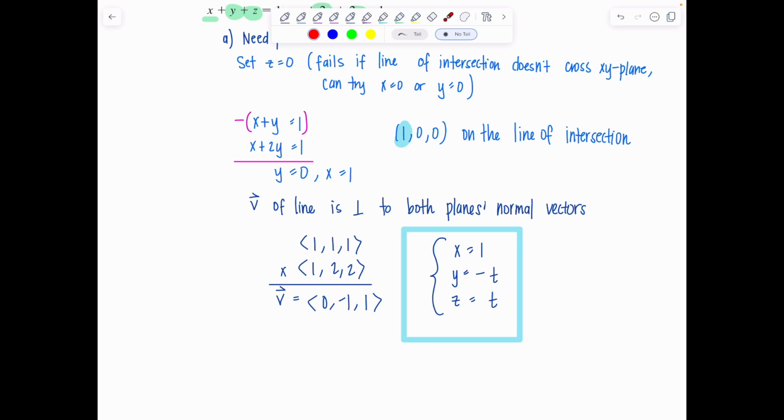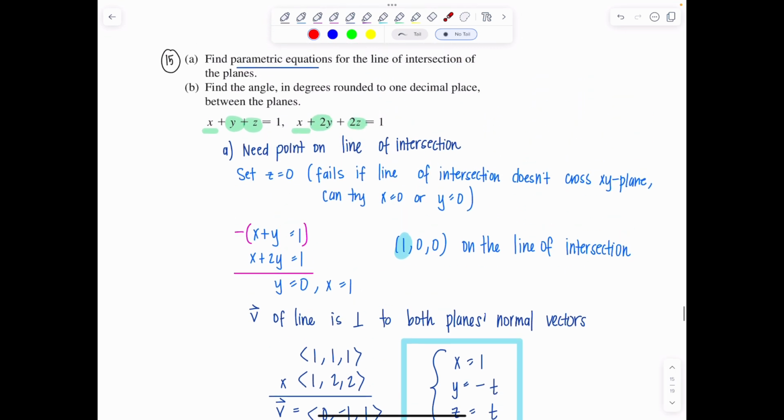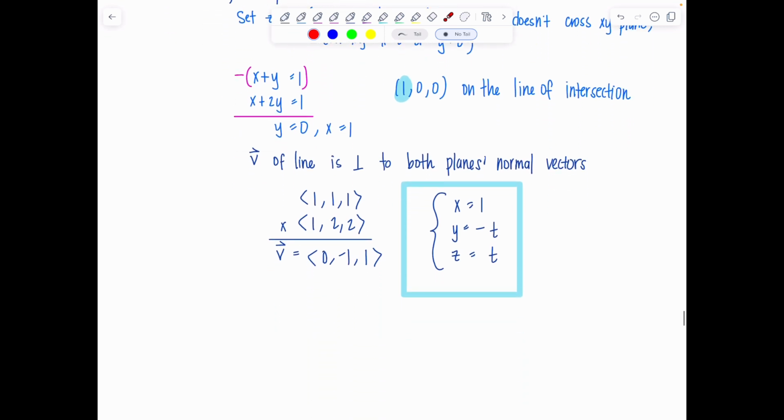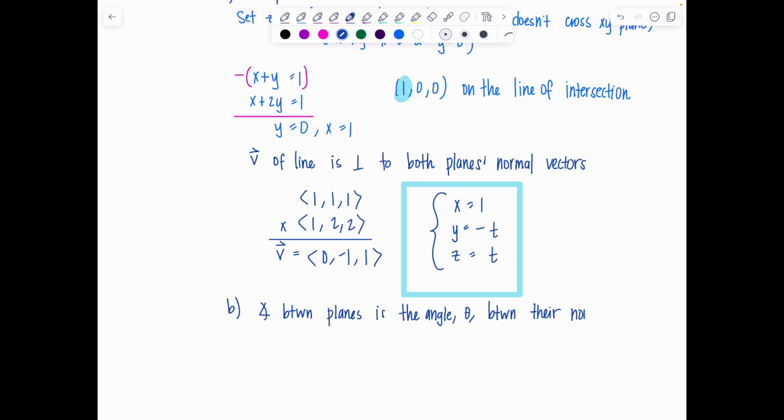Okay, and then to find the angle between the planes, again, I'm going to find the angle between their normal vectors. So for part B, the angle between the planes is the angle, we'll call it theta, between their normal vectors. We'll call this one n1 and this is n2.